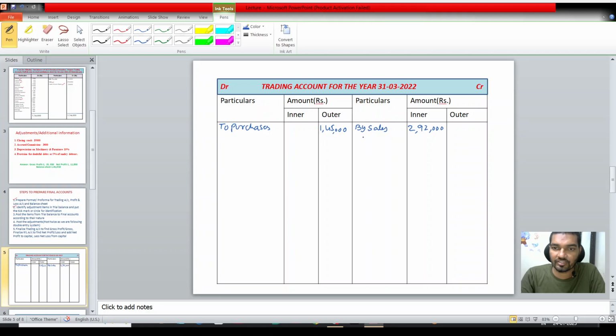And sales returns given, always sales returns will be subtracted. Sales returns 2,600. So at the end of the finding of the gross profit or gross loss, we'll subtract this amount and show the amount in the outer column.